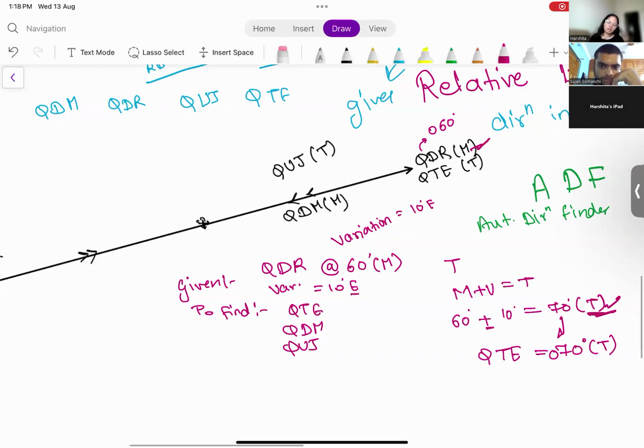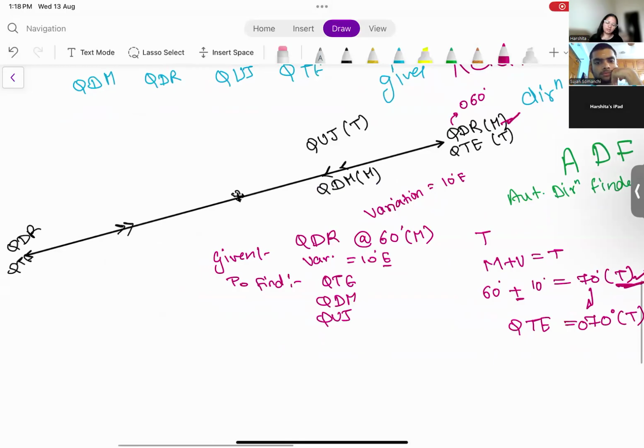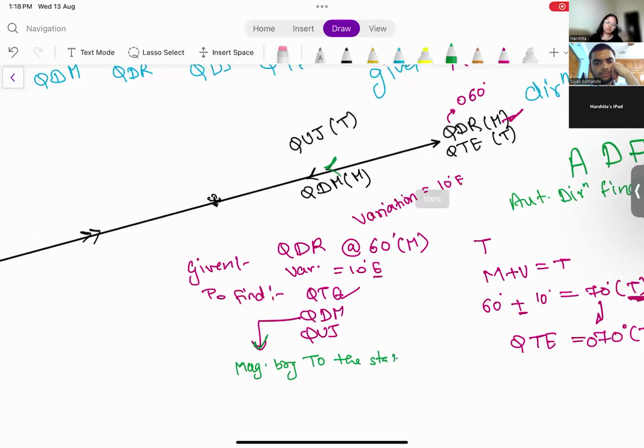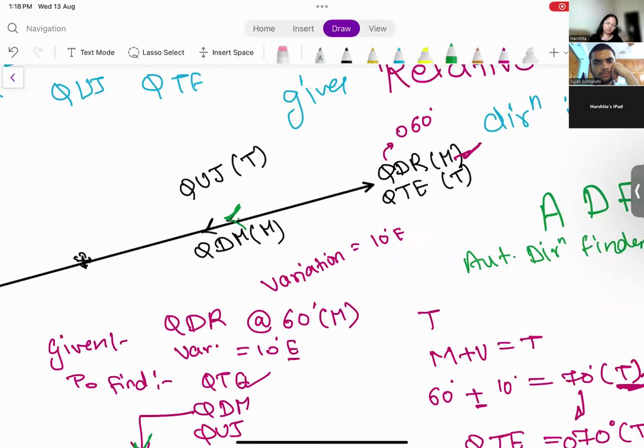Now tell me the QDM. QTE is done. QDM is the magnetic bearing towards the station. Do you agree? Yes. And this was away from the station.